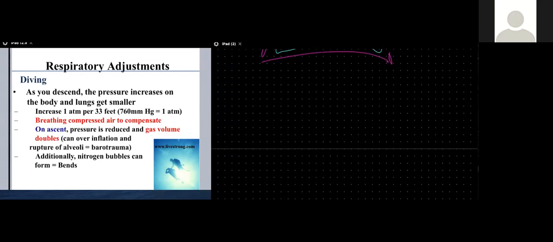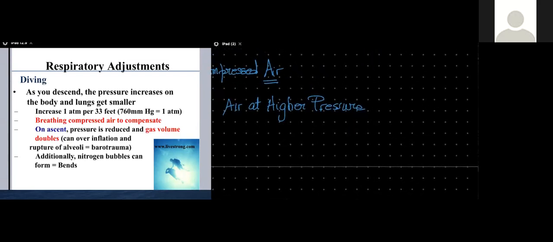So what does it mean that I have compressed air? It's air at higher pressure, right? Or in other words, more air. Let's say this is the amount of air in this cup.